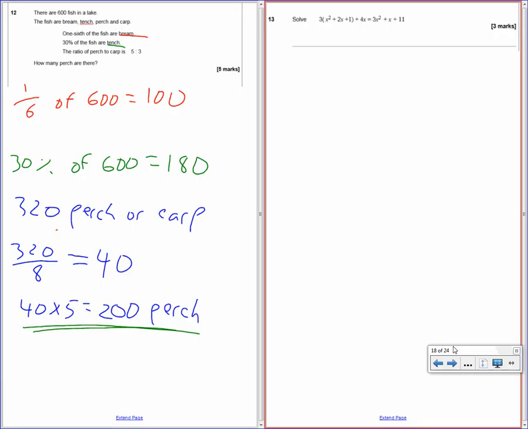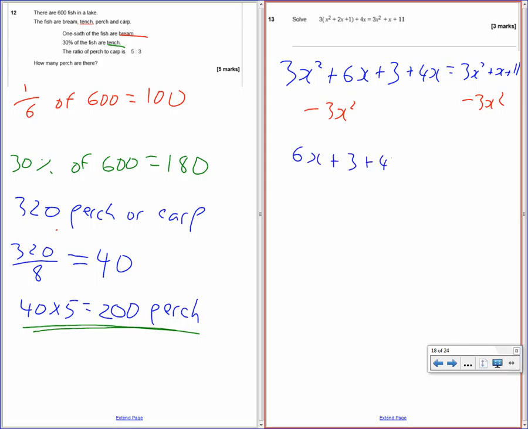So, first bit, expanding brackets, we've got 3 times x squared plus 3 times 2x plus 3 times 1 plus the 4x, which doesn't disappear, must equal 3x squared plus x plus 11. If I then subtract 3x squared from both sides, then I get 6x plus 3 plus 4x equals x plus 11.